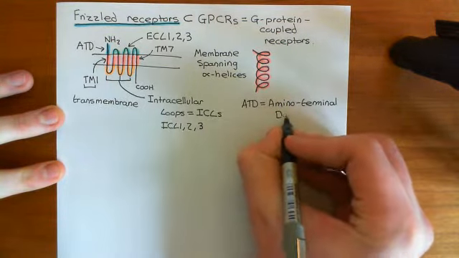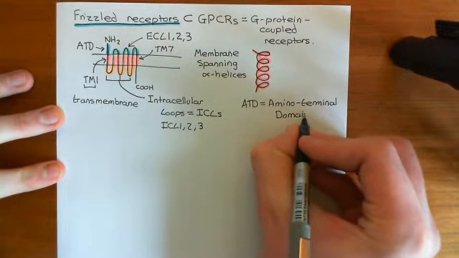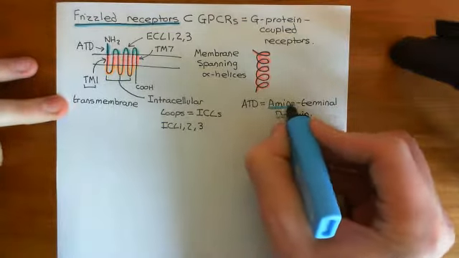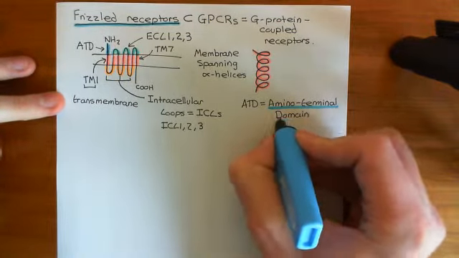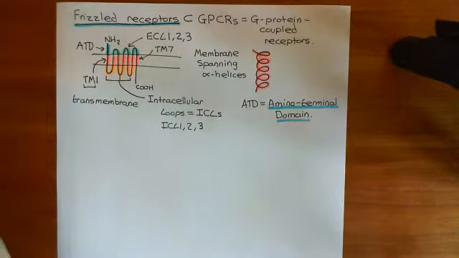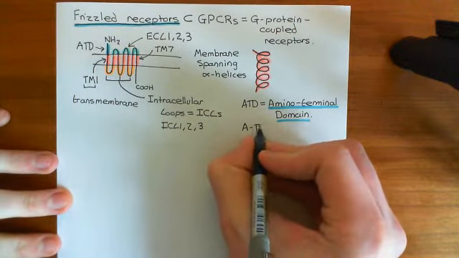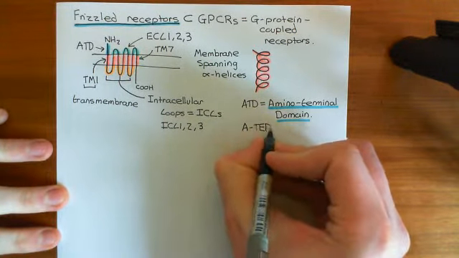So this is the domain of the protein which is close to the amino terminus of the protein. Now some people will even call the amino terminal domain the ATED. This is another bit of nomenclature you might see.